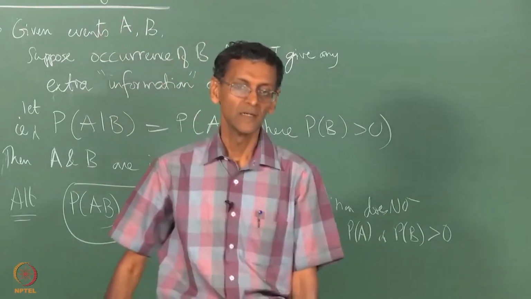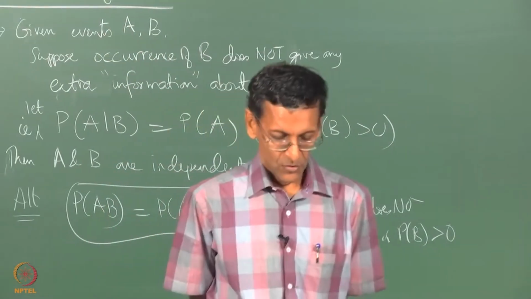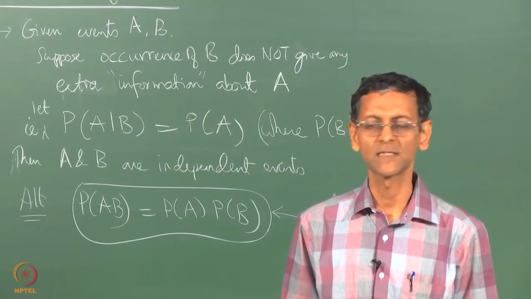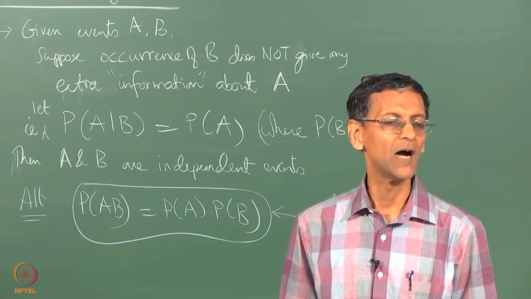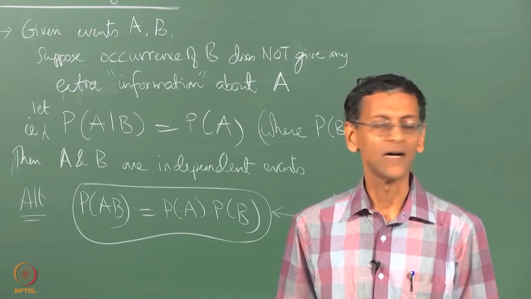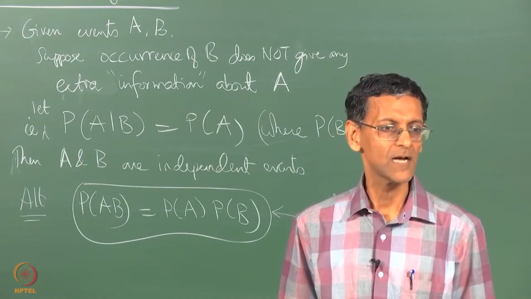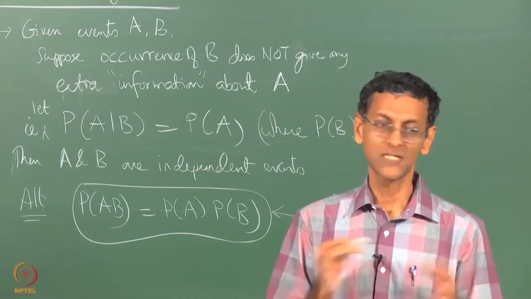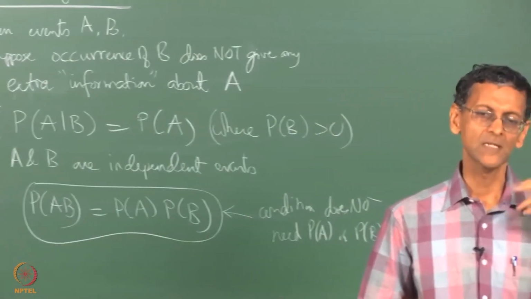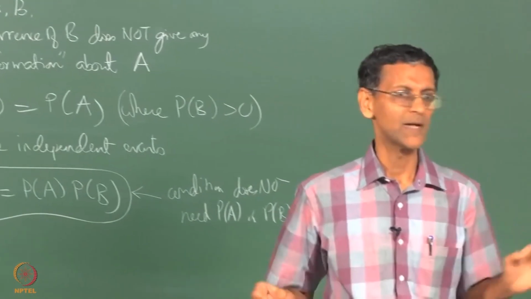Then you say that the events are independent. Now there is a common misconception that independence is somehow the same as mutually exclusive or disjoint. For some reason this false conception is prevalent among many beginners, so we have to dispel that right up front.